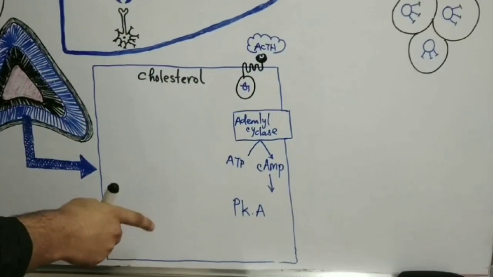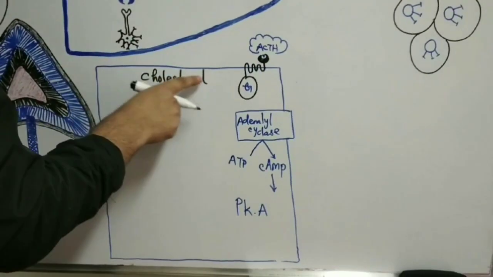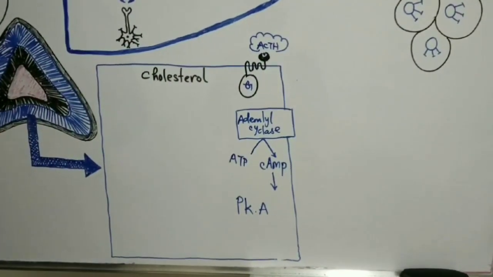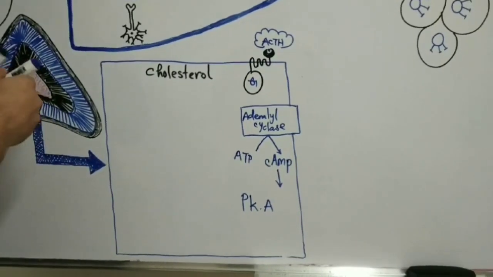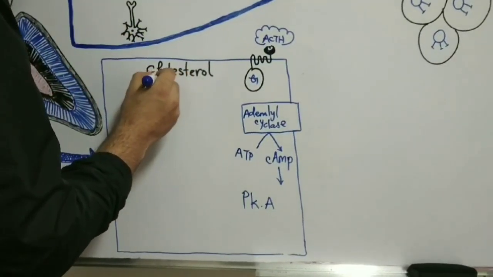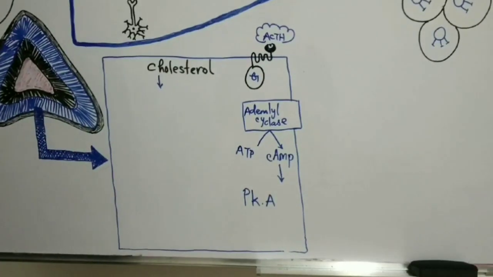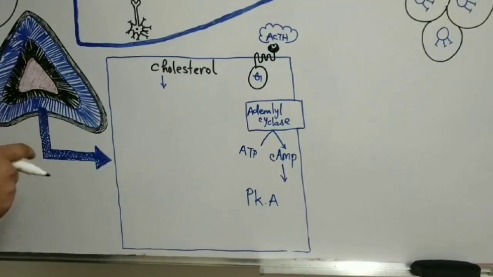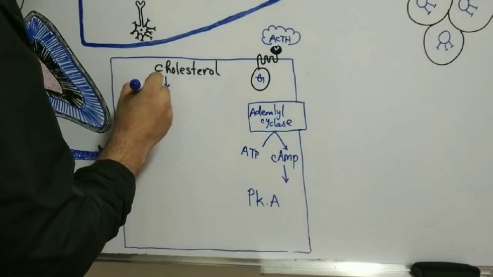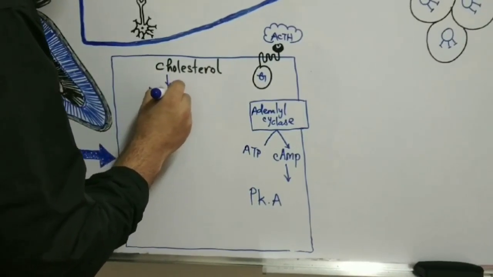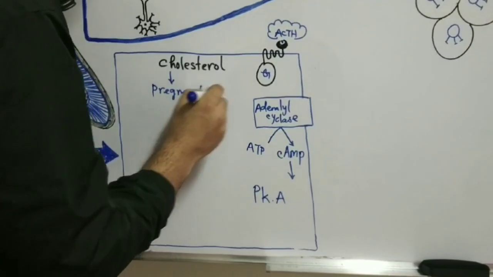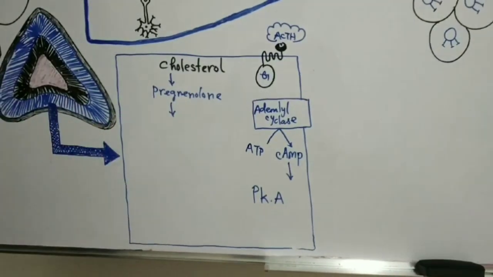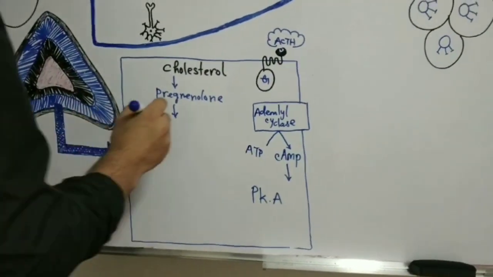The synthesis of cortisol will be from cholesterol. Now how cortisol is synthesized, let me show you here. First of all, the first step, from the cholesterol there is the synthesis of pregnenolone. Then there is the formation of progesterone.